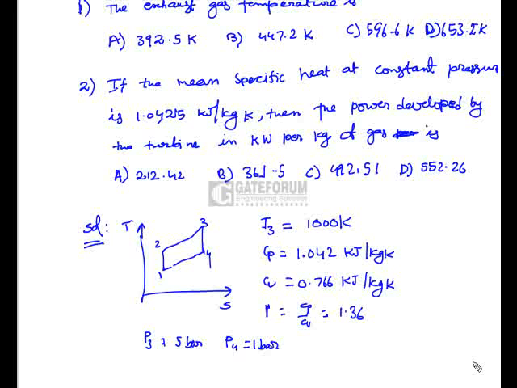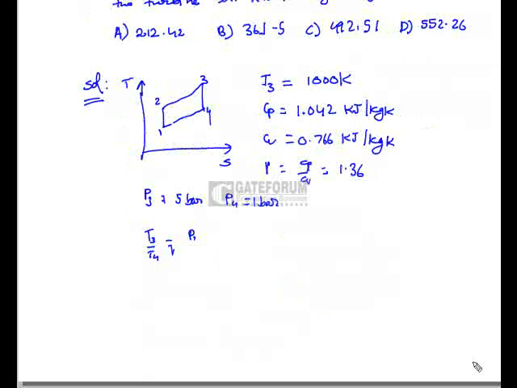So we have a relation between temperature ratio and pressure ratio in an adiabatic process: T3 by T4 is equal to (P3 by P4) to the power of (gamma minus 1) by gamma. Here T3 is the known value, 1000 Kelvin, and T4 is unknown and we will have to calculate it.